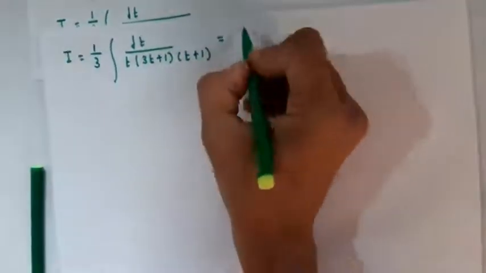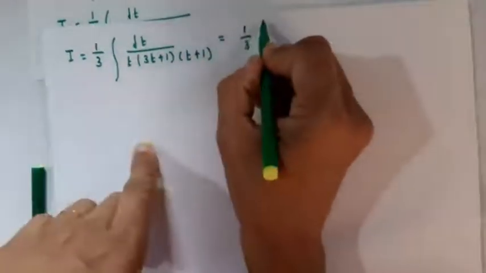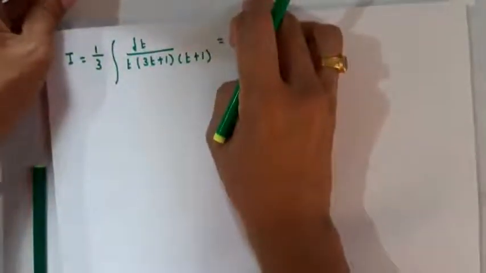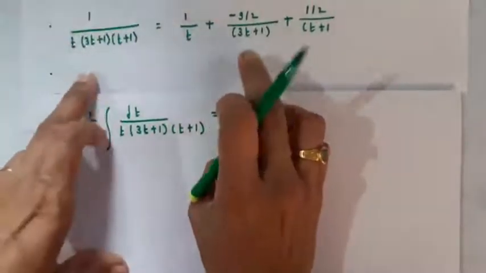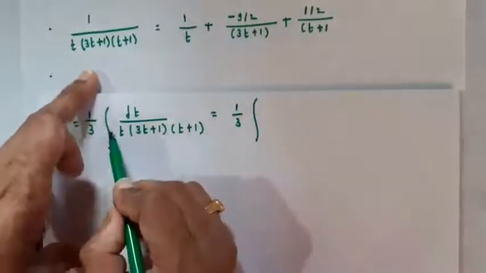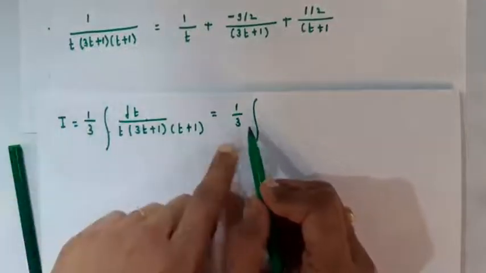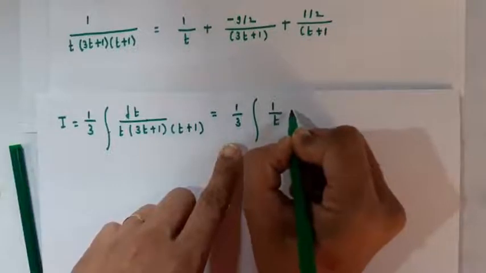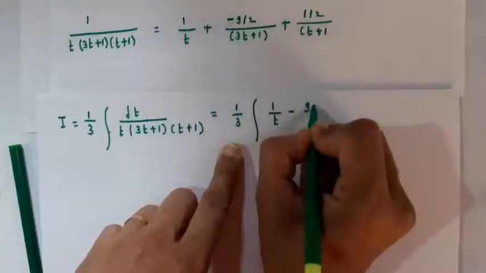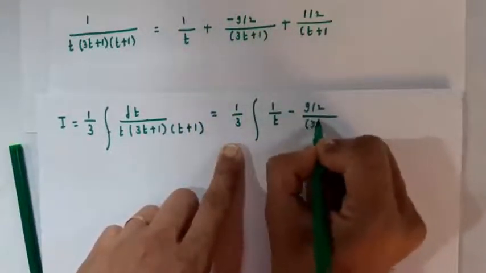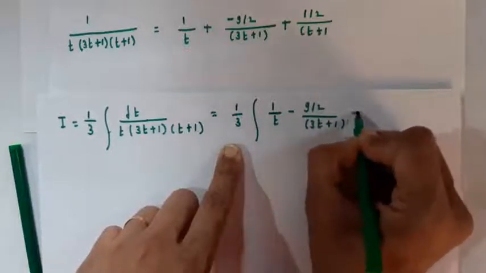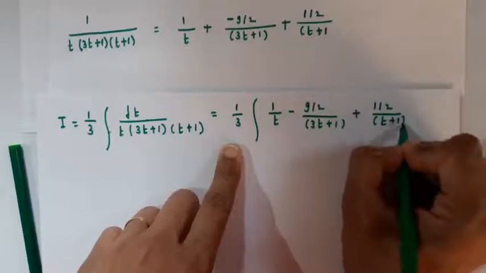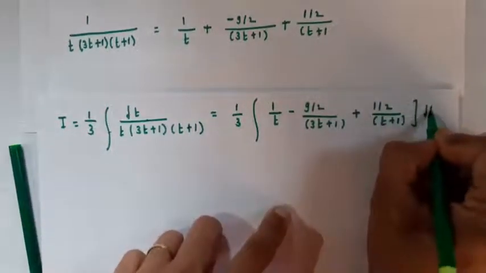This is equal to 1 by 3 integration of the partial fractions, because the value of this is equal to that. Therefore the required integration is 1 upon t plus minus 9 by 2 upon 3t plus 1 plus 1 by 2 upon t plus 1, with respect to t.